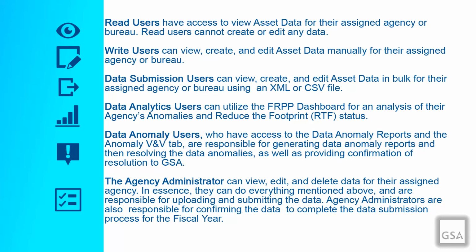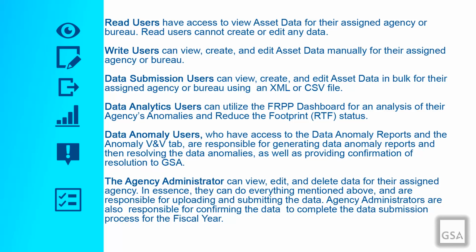Data analytics users can utilize the FRPP dashboard for an analysis of their agency's anomalies and reduce the footprint status. Data anomaly users, who have access to the data anomaly reports and the anomaly V&V tab, are responsible for generating data anomaly reports and then resolving the data anomalies, as well as providing confirmation of resolution to GSA.